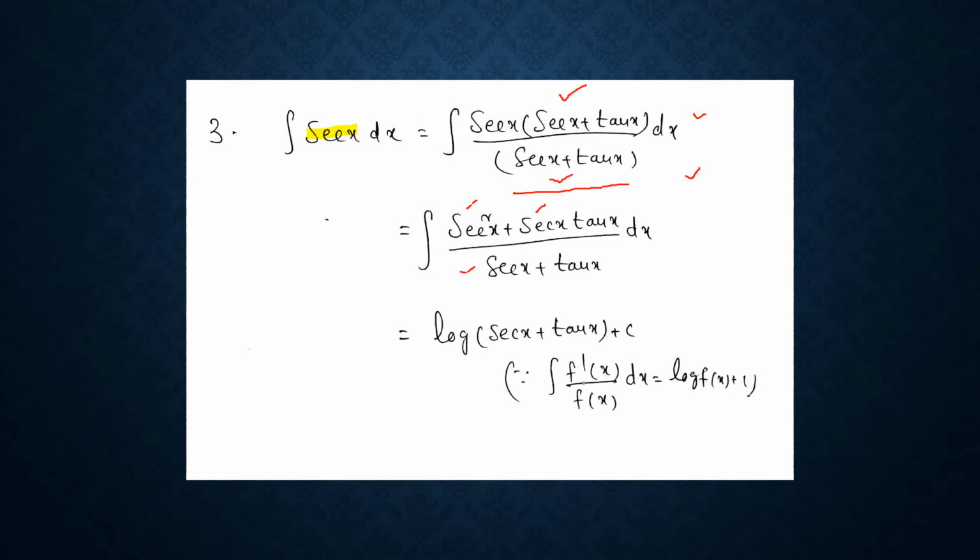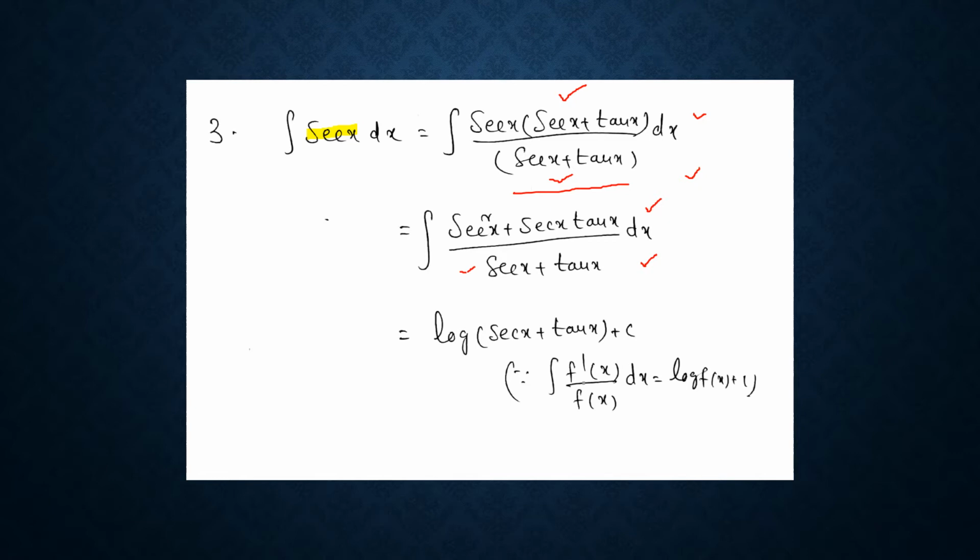So in this fraction we can observe that this is in the form of f dash x by f of x. Let us take f of x is equal to the denominator, secant x plus tan x. Then what is the derivative of the denominator here? The d by dx of secant x is secant x into tan x, plus the derivative of tan x is secant square x.